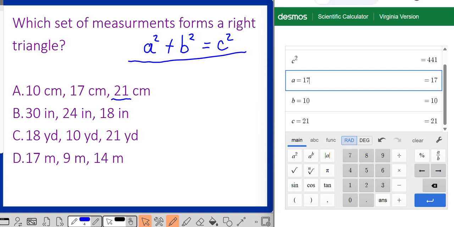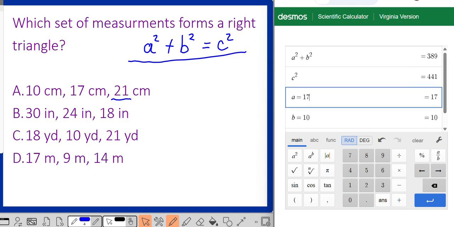The order doesn't matter for the legs. Either leg can be A or B. Okay? So I'm going to go ahead and move up. And if you look there, A squared plus B squared is 389. C squared is 441. So that cannot be a right triangle.